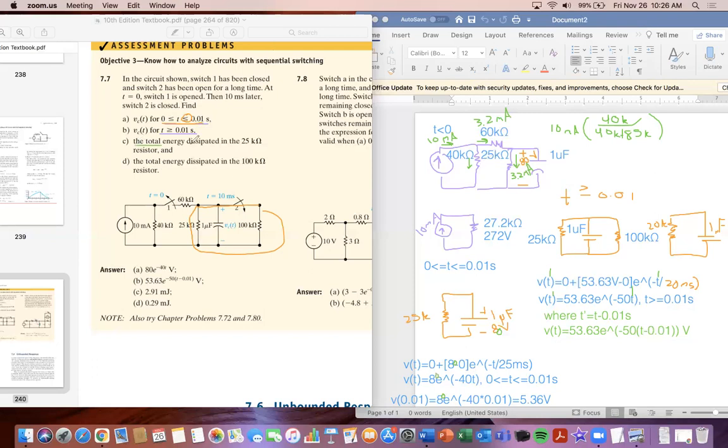And then the total energy dissipated in the 25K ohm resistor, and then the total energy dissipated in the 100K ohm resistor.